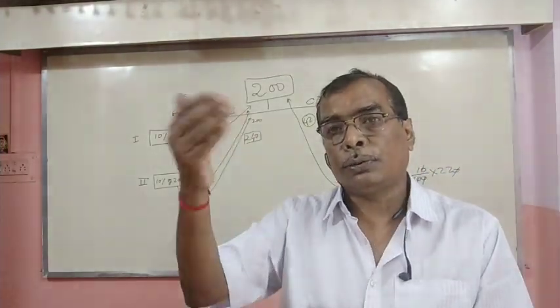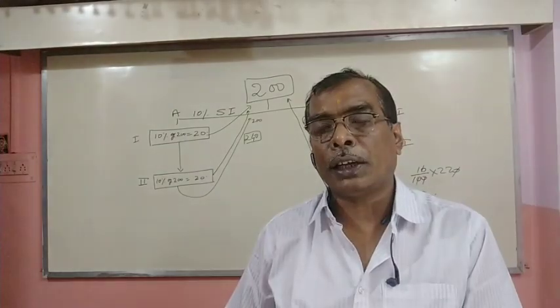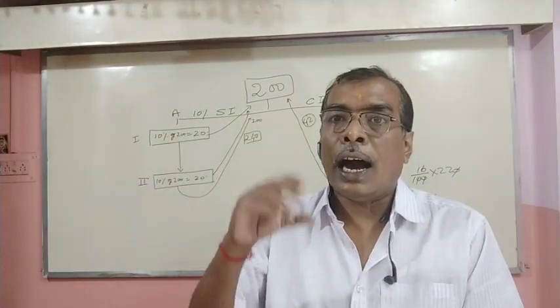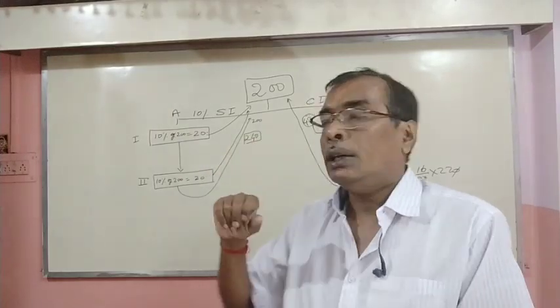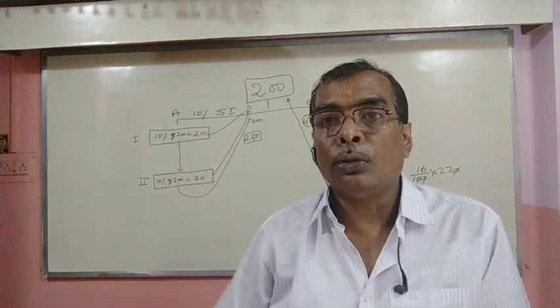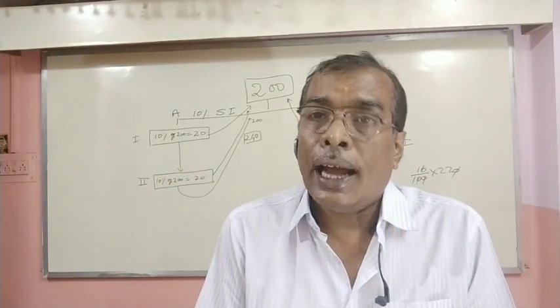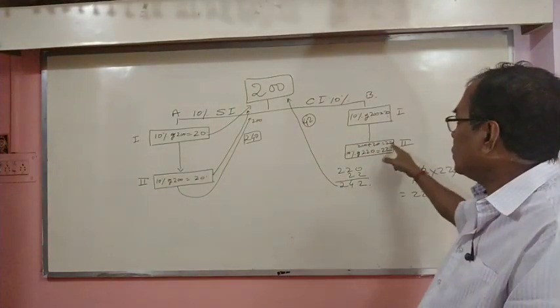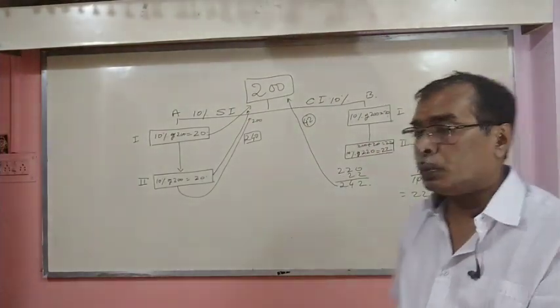First of all, the loan you have taken, 200 rupees, then you will have to add the interest. How much amount will come? 220 rupees. This 220 rupees will be the principal amount for the second year. And after the second year, whatever the amount will come, that is 22 rupees, that is 242 rupees.